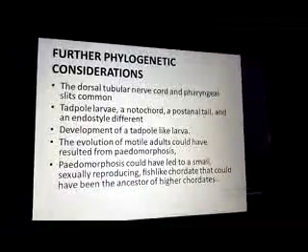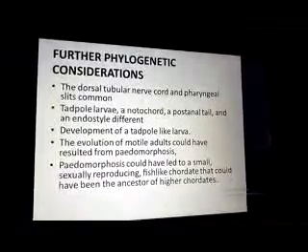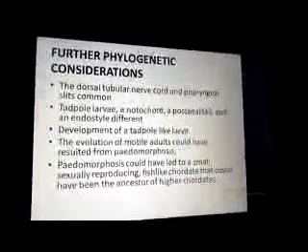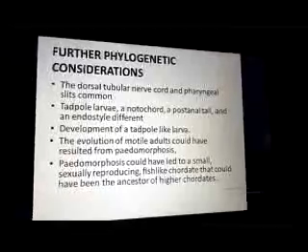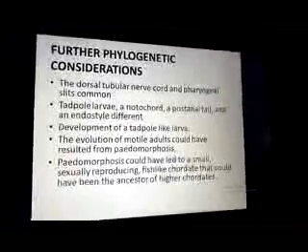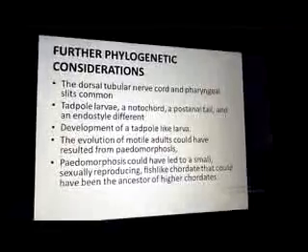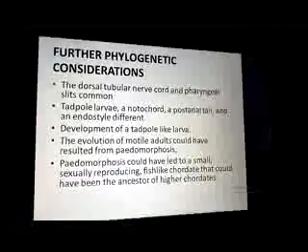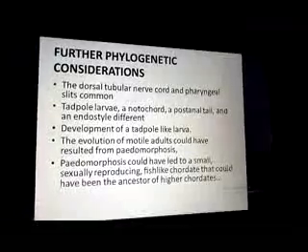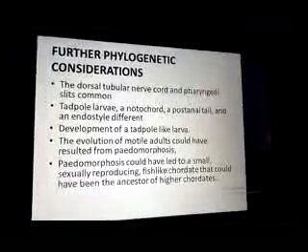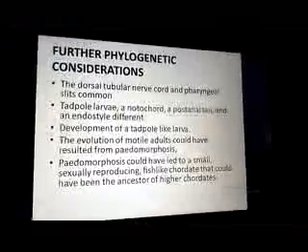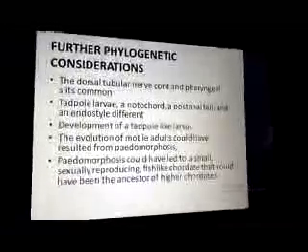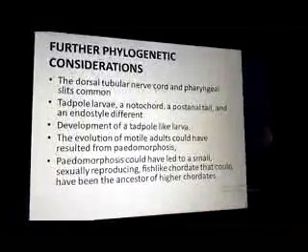And tadpole-like larva, presence of notochord and post-anal tail elongation are the characteristics which are only found in phylum Chordata, not in phylum Hemichordata. So these characteristics differentiate phylum Chordata from phylum Hemichordata. Development of a tadpole-like larva is the main characteristic of this phylum.